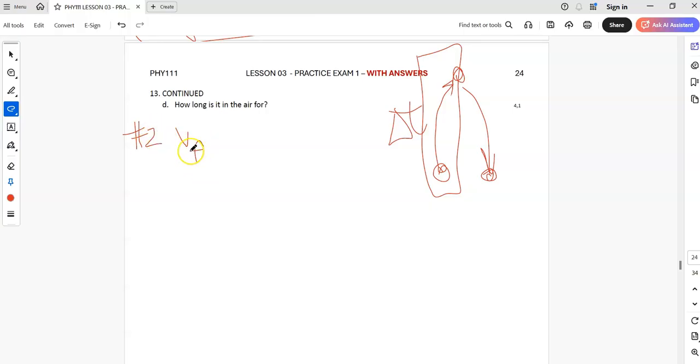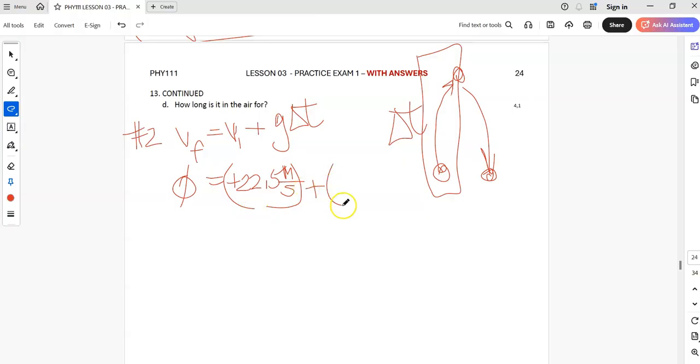That's final velocity equals initial velocity plus g times delta t. We know our final velocity is 0. We know our initial velocity is positive 22.5 meters per second.